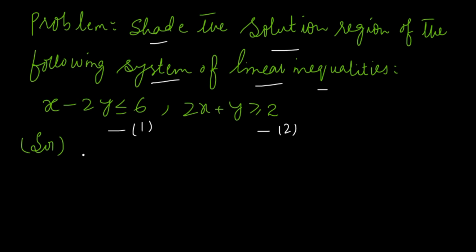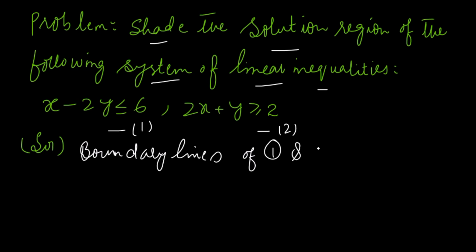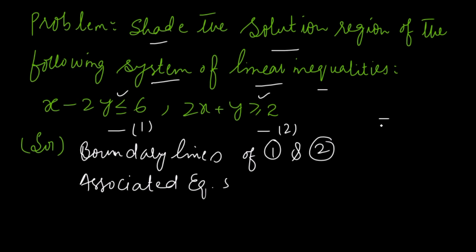First of all, we find the associated or boundary lines of these two inequalities. Boundary lines of 1 and 2. Boundary lines or associated equations can be found simply by replacing the less than or equal and greater than or equal signs with an equal sign.